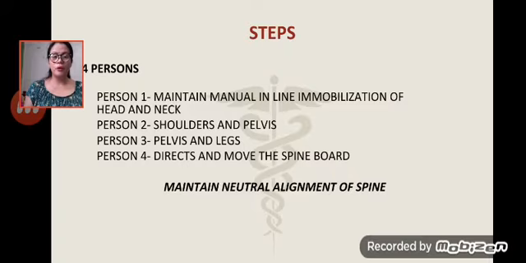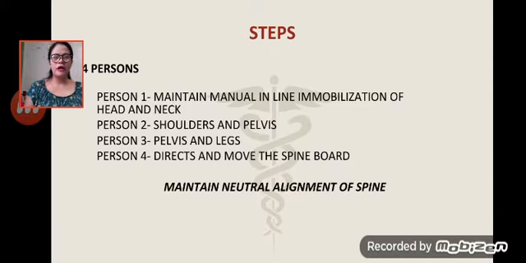So we have the 4 persons technique, wherein person 1 is the one handling the immobilization of the head and neck of the patient. Person 2 should be handling the shoulders and the pelvis. Person 3 will be handling the pelvis and the legs. And person 4 is the one directing and moving the spine board.